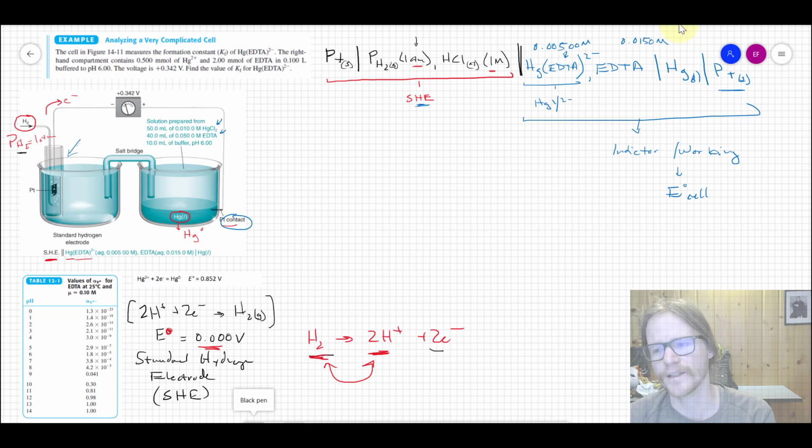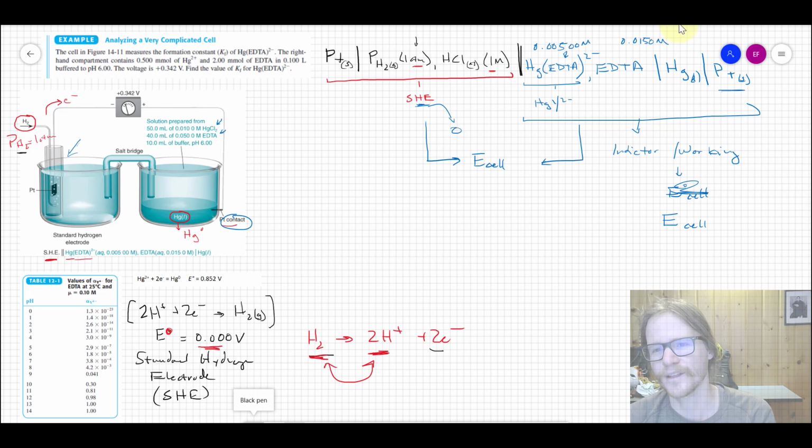Because if you think about it, the real E cell, the overall E cell, is really just a voltage difference between these two half cells, right? That's what E cell is in this case. And in this case, SHE is 0 volts.